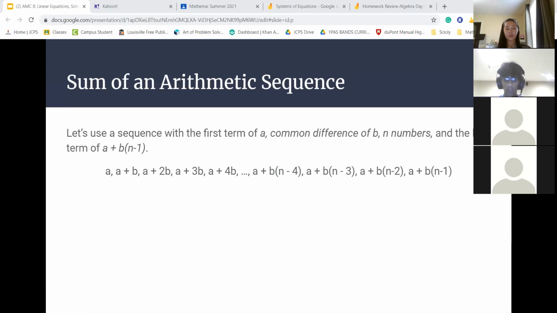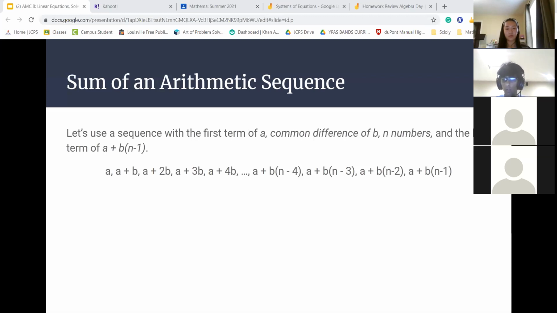Does anyone have any ideas on how we would do that? What is the sum of 1 plus 2 plus 3 plus 4 all the way until 98? I'm typing it in chat.